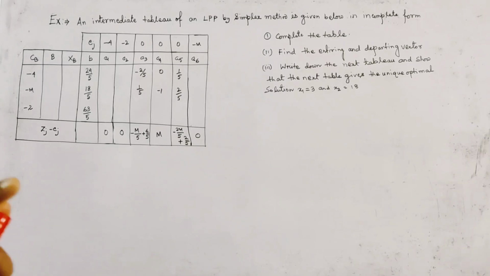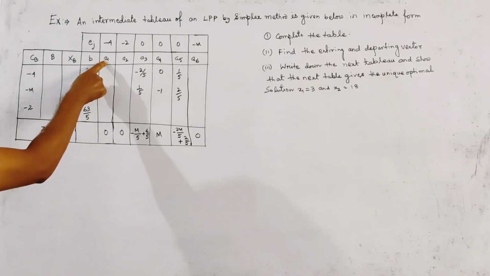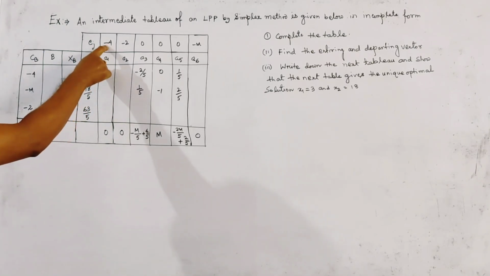Now we first complete the incomplete simplex table. It is clear from the first column, the column of CB, which is the cost vector of the basis vectors. This cost coefficient is -4, so the first basis vector is A1 because the cost corresponding to A1 is -4.